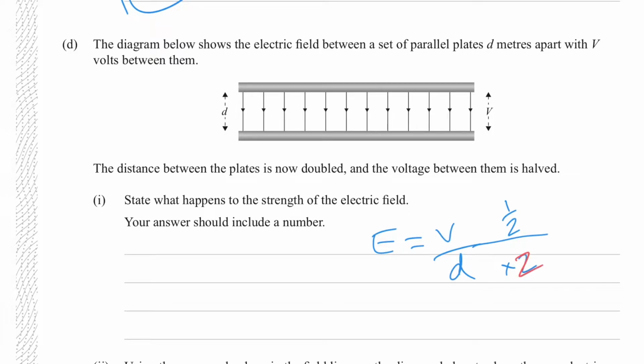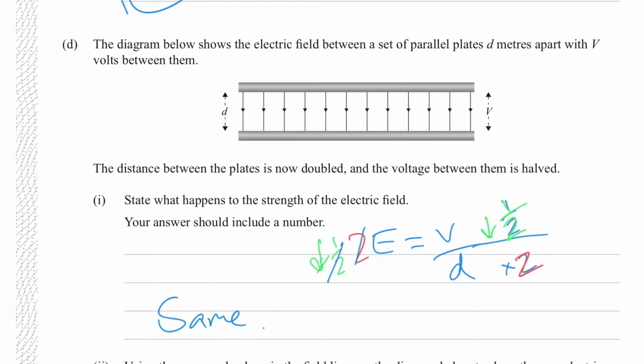Then halving the voltage is dropping the voltage, so if you decrease the voltage, you're going to decrease by half. Don't get confused with the fractions. So those two are going to cancel each other out, and you're left with the same. So it's the same.